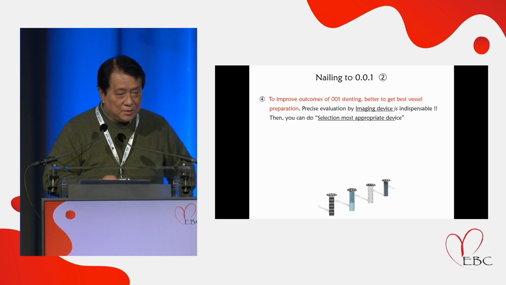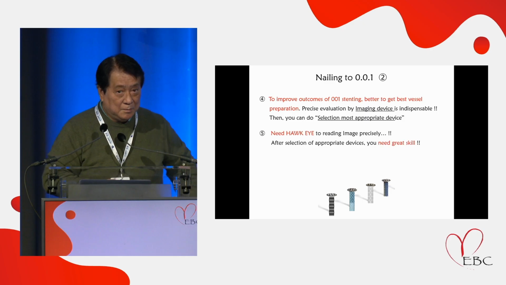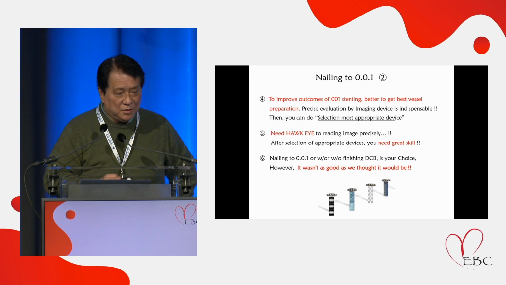To improve outcome, it's better to get the best preparation; imaging and the selection of the appropriate device are very important. But you need a hawk eye and great skill. Nailing 0-0-1 with or without finishing DCB is actually your choice. However, it wasn't as good as we thought it would be.